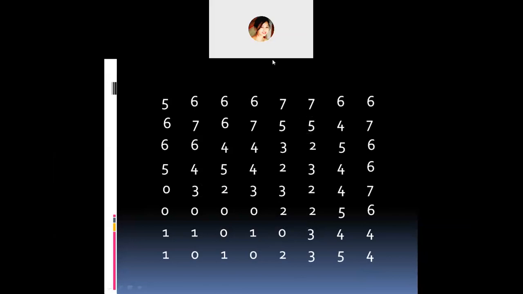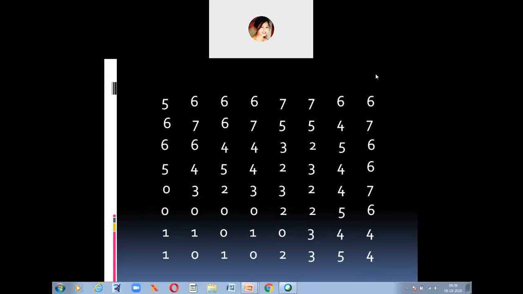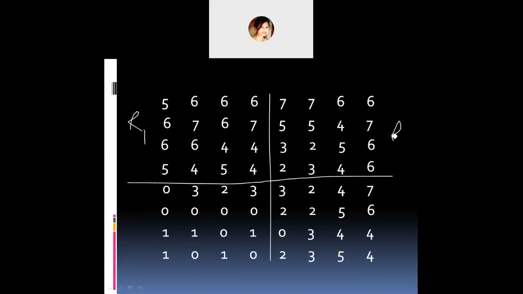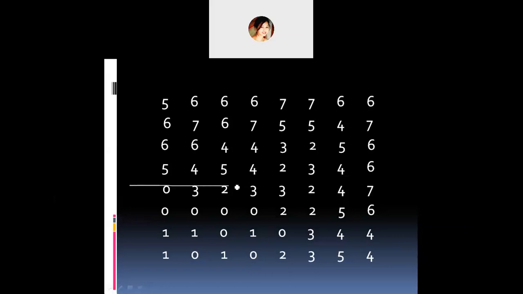And then what we do is we divide it into 4 equal parts, and these are known as quadrants. So this is the first quadrant, this is the second quadrant, suppose this is the third.